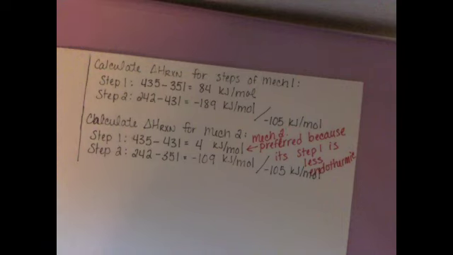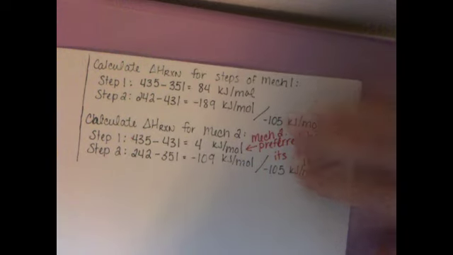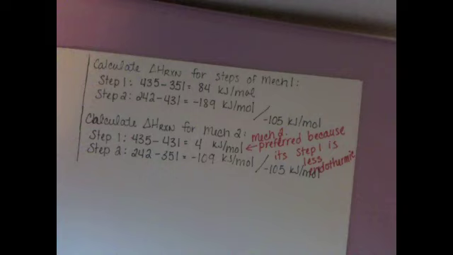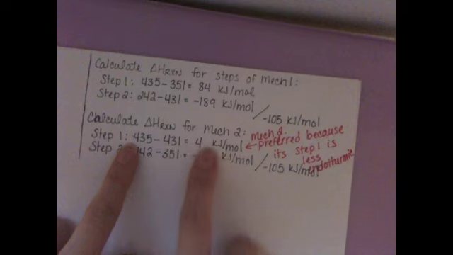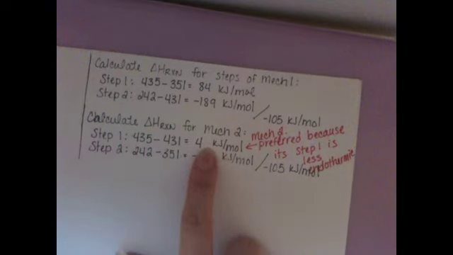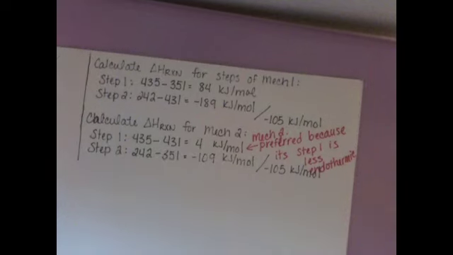So one more time, overall the reaction has the same delta H, negative 105. But if you look at just step 1, which is the first step that's going to happen, step 1 for mechanism 2 that we proposed is going to happen much faster than step 1 of mechanism 1. So mechanism 2 is going to be the one that goes.